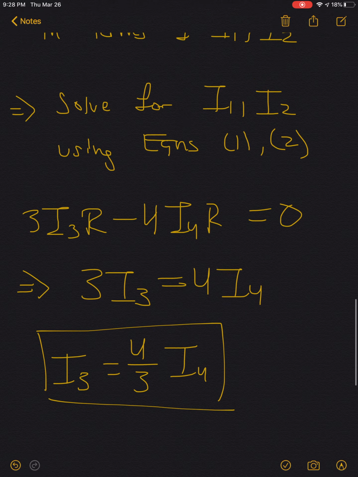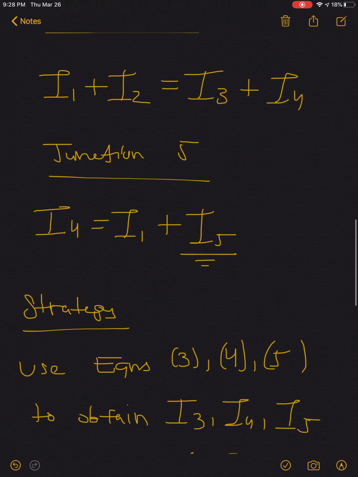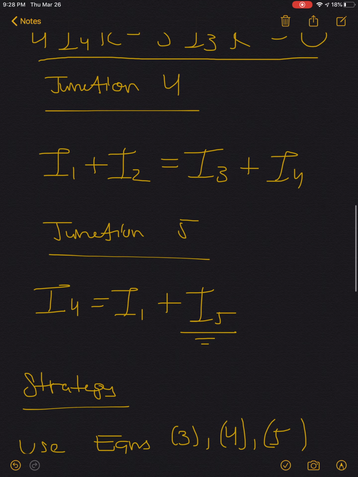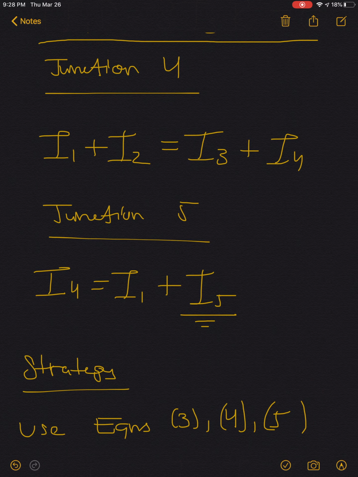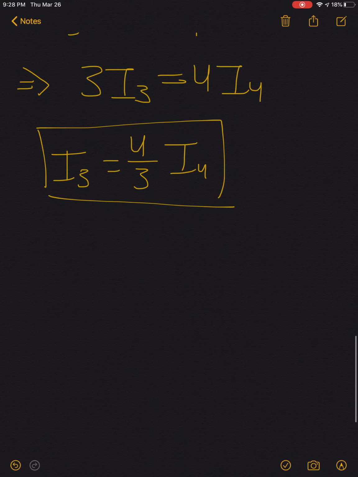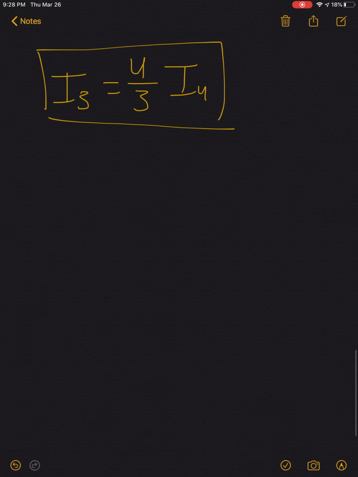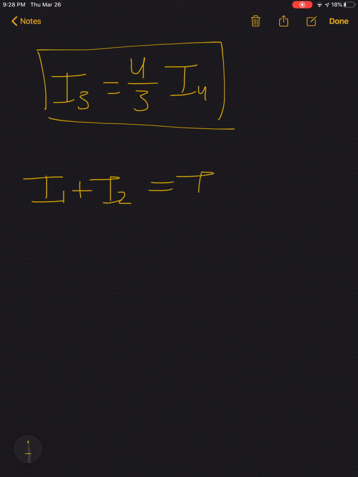Okay, so now let's go to equation 4, which says that I1 plus I2 is equal to I3 plus I4.